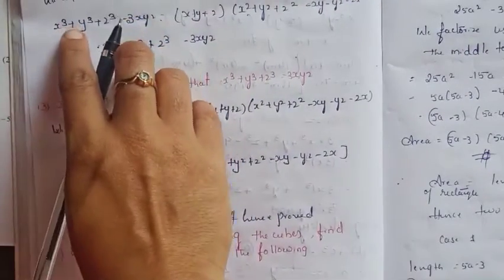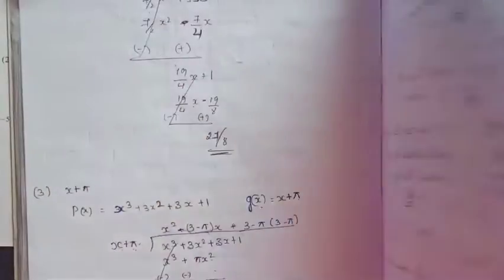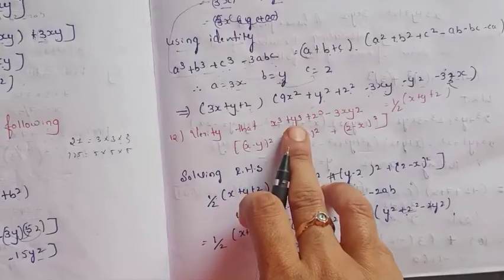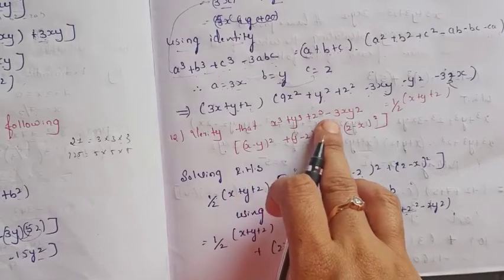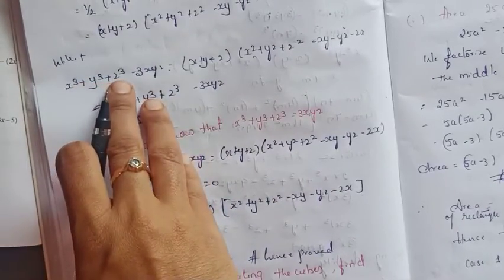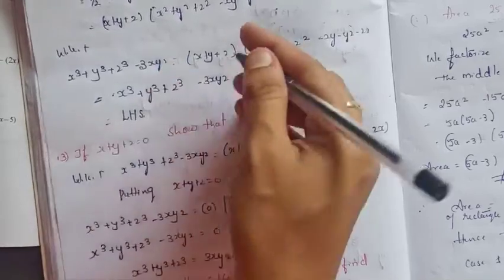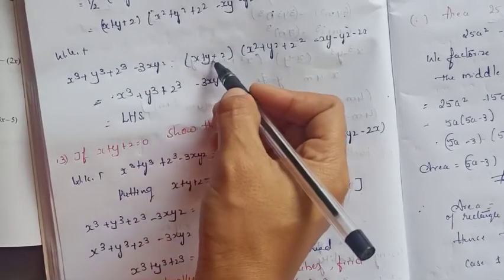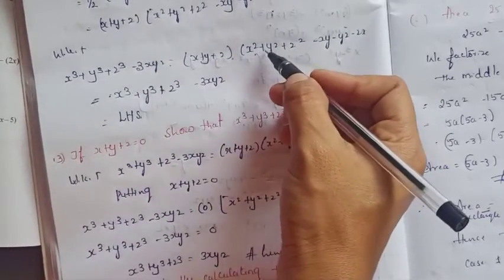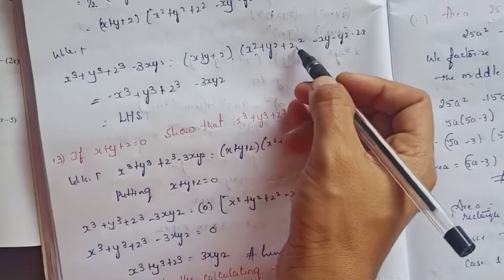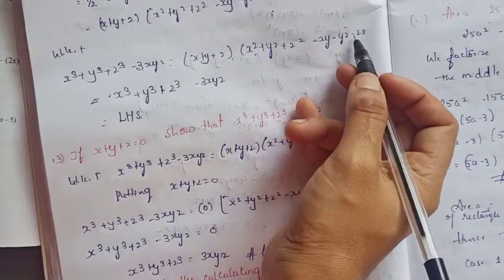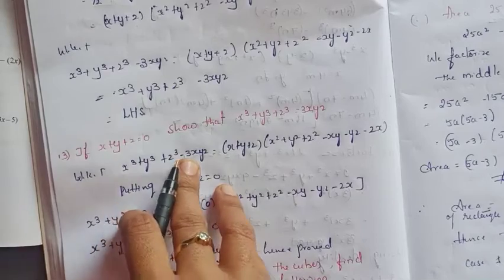Now the LHS part what they have given: x cube plus y cube plus z cube minus 3xyz. Solving the LHS part, x cube plus y cube plus z cube minus 3xyz, what is the identity? That is x plus y plus z into x square plus y square plus z square minus xy minus yz minus zx.